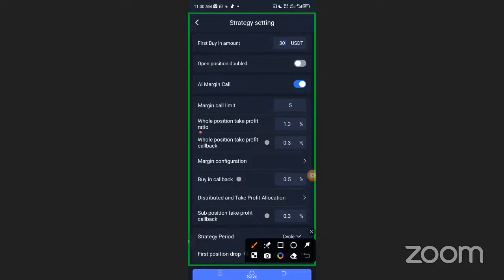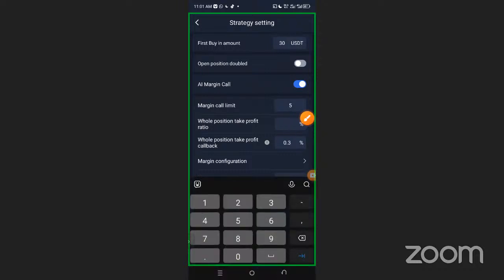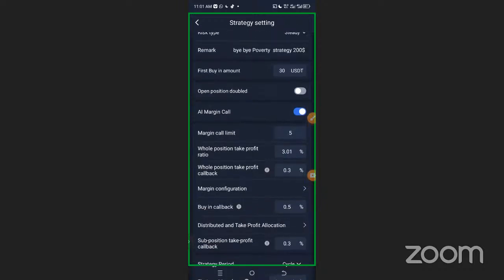Then come here to the whole position take profit ratio. Here put 3%. Or you can put 3.01. It depends on what you want. Save here. What is this?